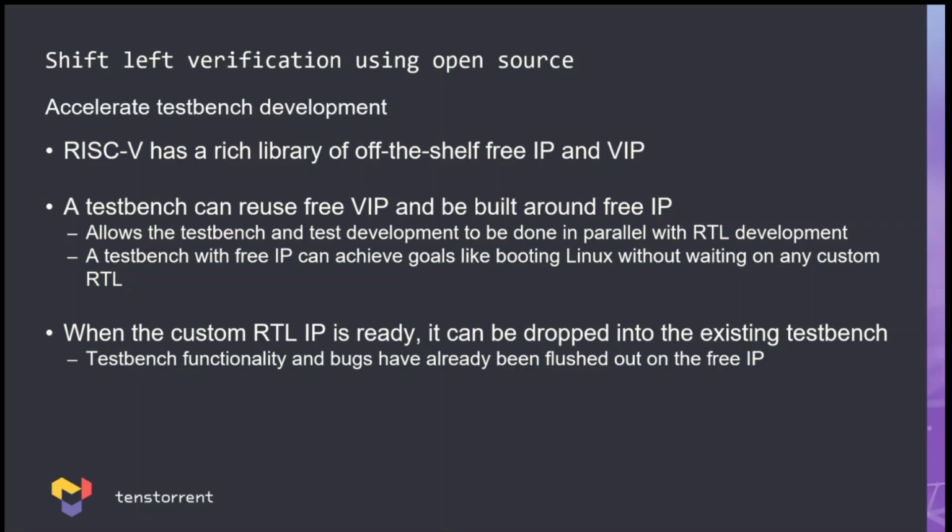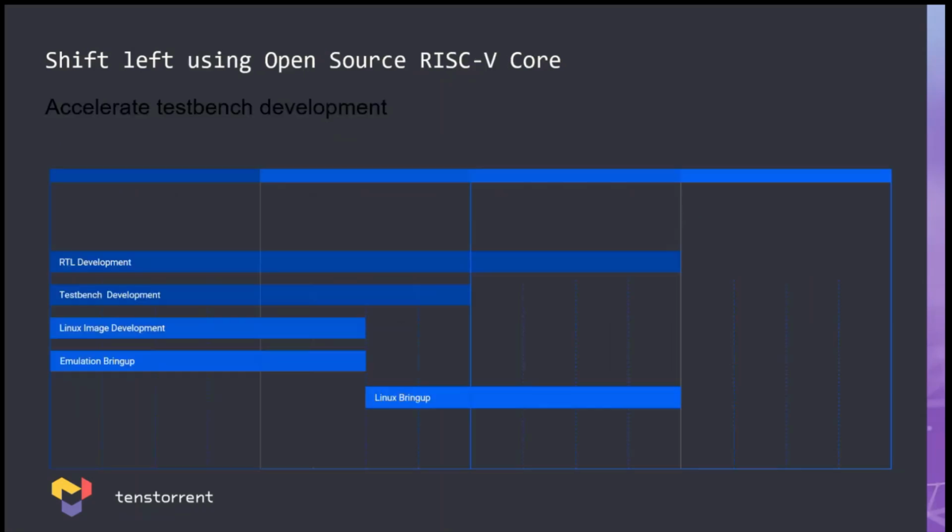In our case, we use the CVA6 core and build a test bench around that. Then when our core is ready, just plug and play, mix and match. They're both RISC-V cores. That enabled us to start test bench development even before RTL development, in the architectural phase, along with Linux and emulation bring-up happening around the same time. Because the RTL was ready, you might as well start compiling it for the emulator.